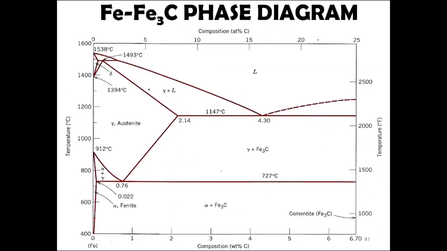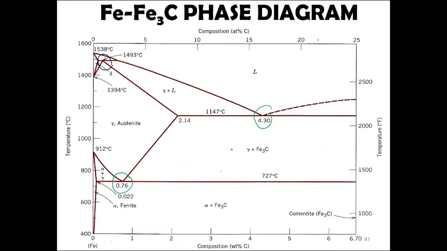Other than the 5 solid phases that we are going to learn, we also need to know there are 3 invariant equilibria involved in the iron-iron carbide phase diagram. The first one is peritectic, the second is eutectoid, and the third is eutectic.